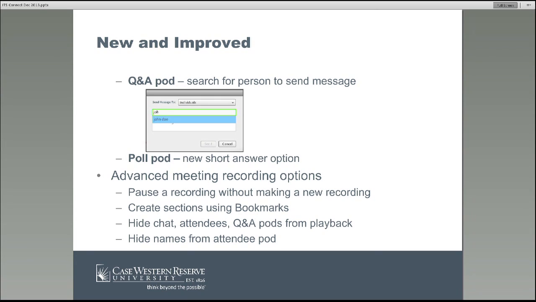If you click that, you're always going to get a menu for that pod. So if I want to send a message to someone, I can go down here to send message, and I can choose from the list. If I choose individuals, I can start typing in names. Let me just, there's a couple of A's. So I can start typing in names and send a message directly to that person. So that's a nice new feature.